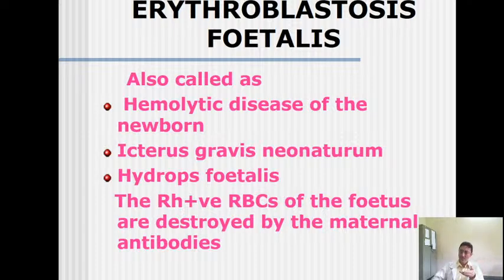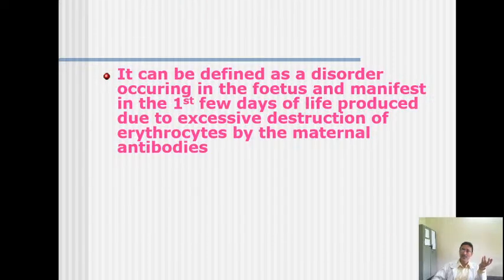Icterus gravis neonatorum, because neonatorum means it is a neonate, gravis means happening in the pregnancy, icterus means jaundice. So jaundice during the pregnancy in a neonate is icterus gravis neonatorum, or it is called a hemolytic disease of the newborn because the RBCs get destroyed.